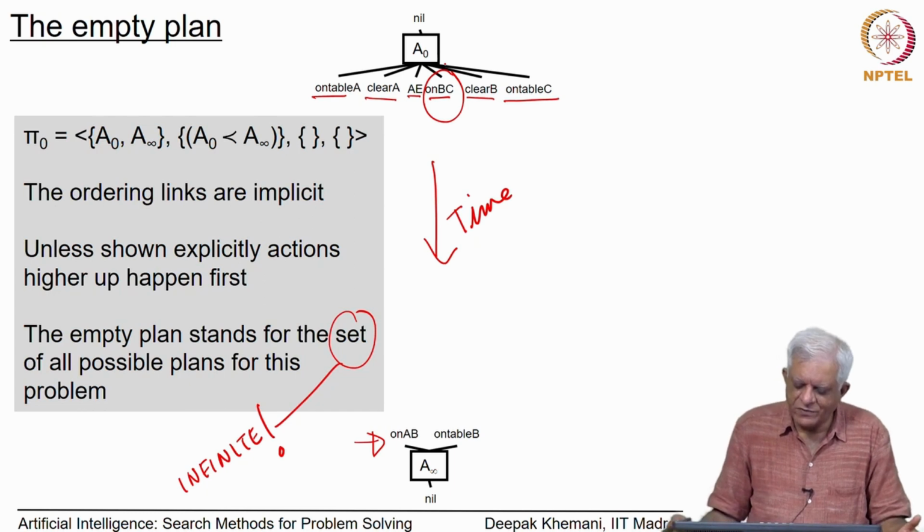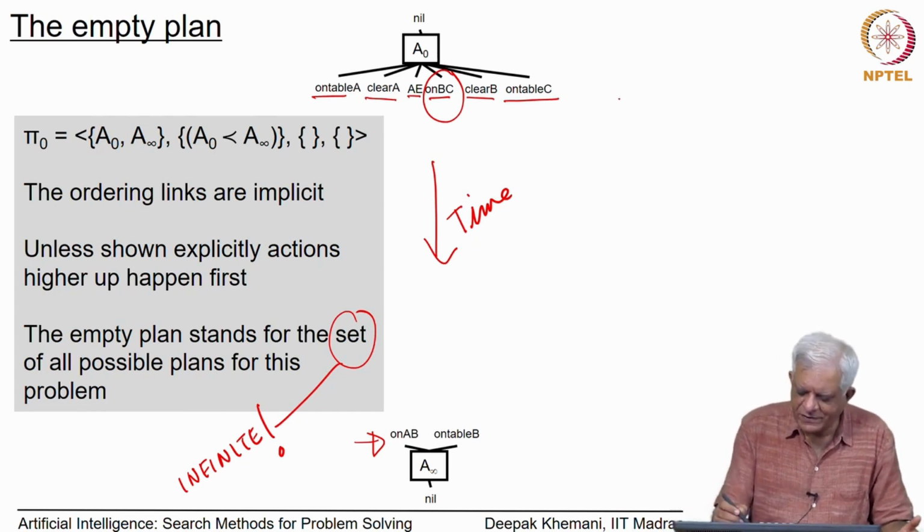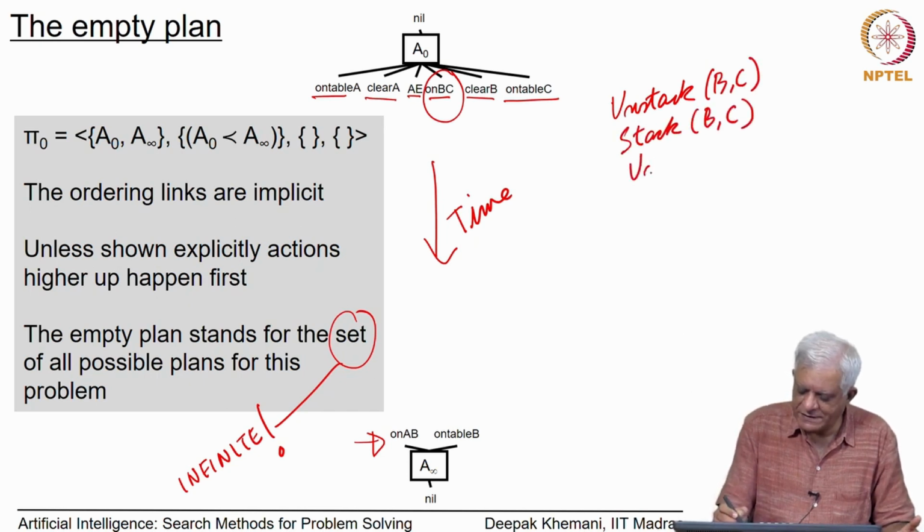So, we can have a sequence of plans that unstack B from C, then stack it back, nothing is stopping us from doing that, then again unstack B from C and again stack it back, and so on.